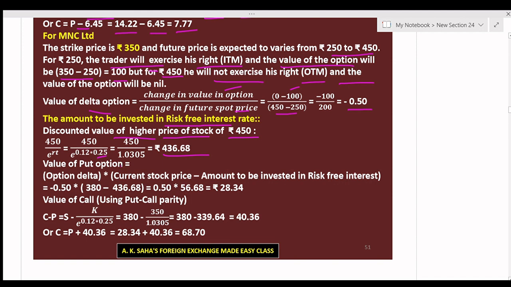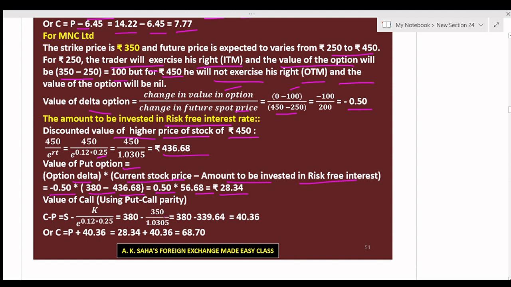Value of the put option is equal to option delta into current stock price minus amount to be invested in risk-free interest, that is equal to minus 0.5 into 380 minus 436.68. Both are negative, so after multiplication it will be positive and the value will be rupees 28.34.